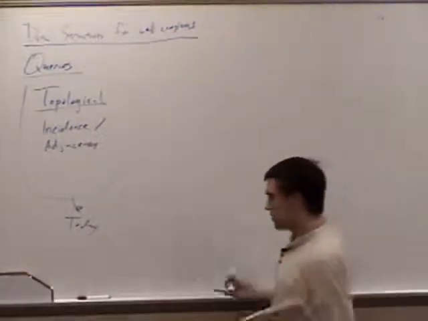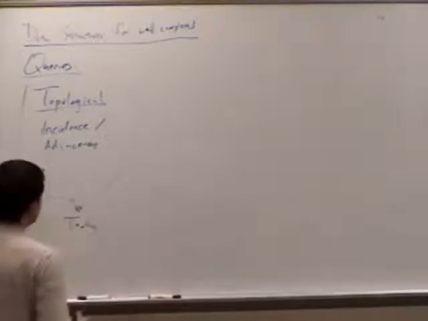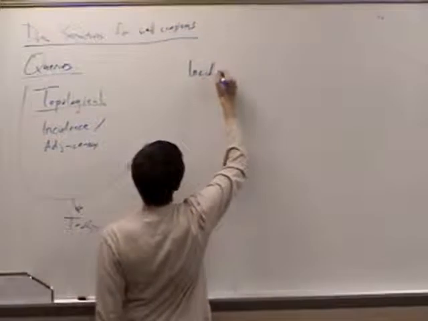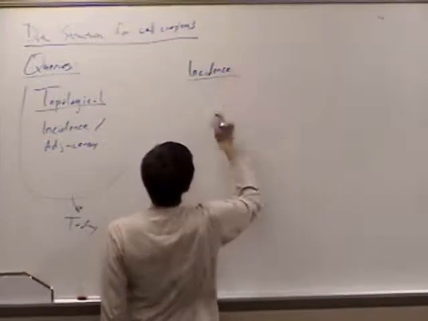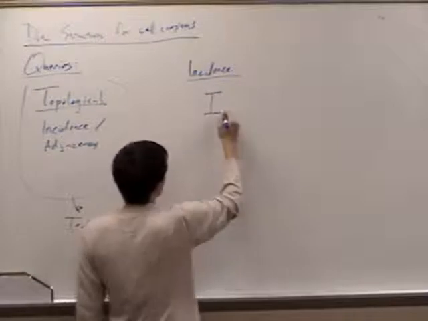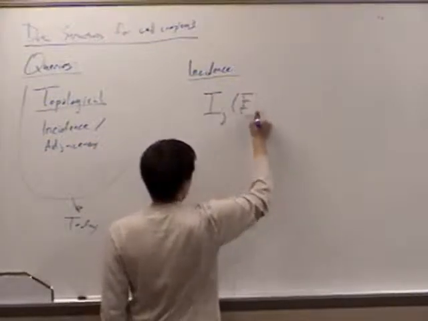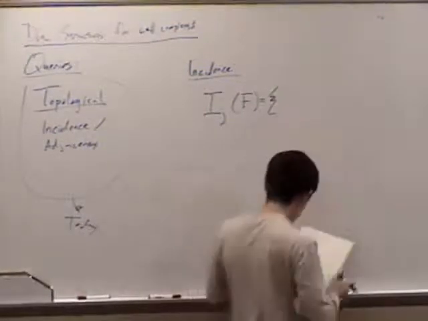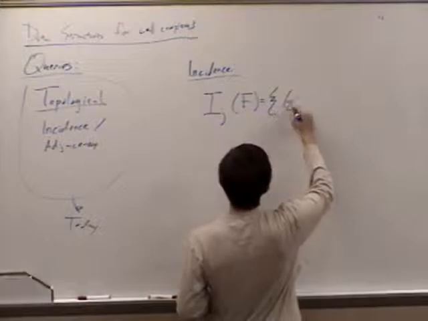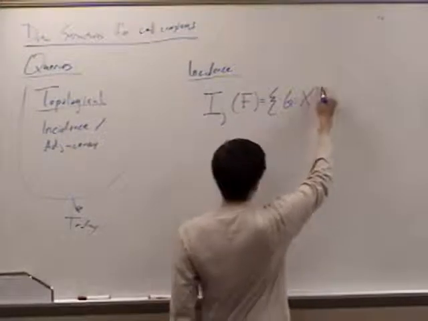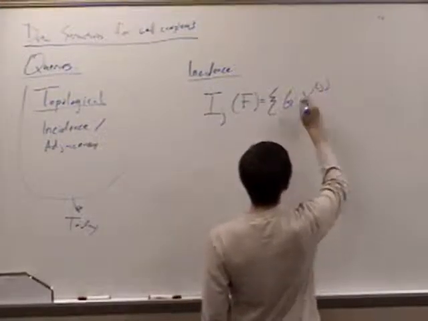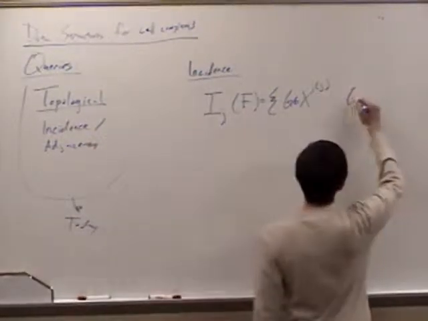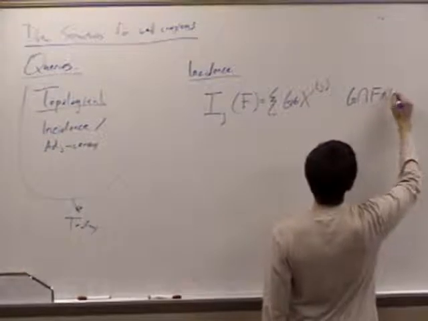In more detail, the main topological query that we're going to care about is an incidence query, which we'll define as follows. We'll basically define the set I sub j of F, which is equal to the collection of all cells G in the j-skeleton, such that G intersect F is not empty.